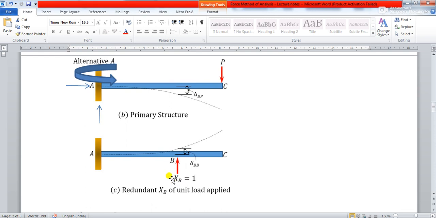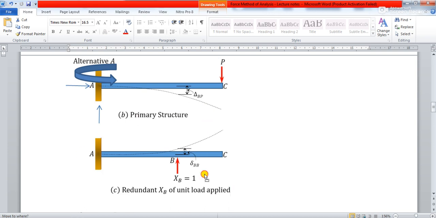Is it clear? And you should be very carefully observing that you are taking the same primary structure, however without any external load being applied on the structure.